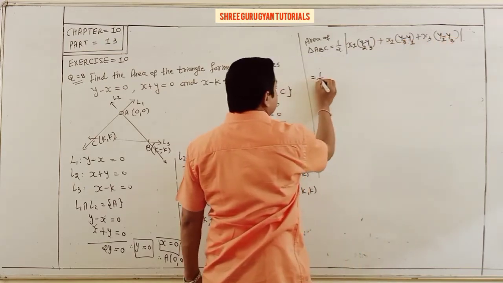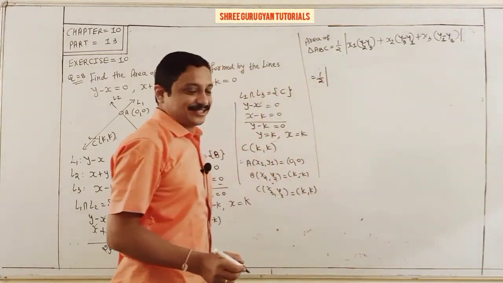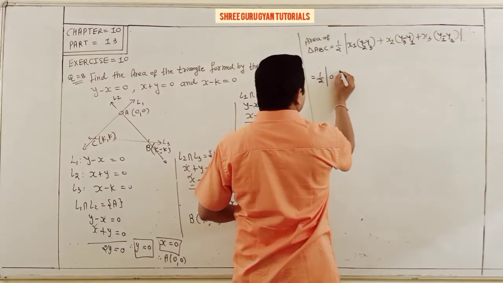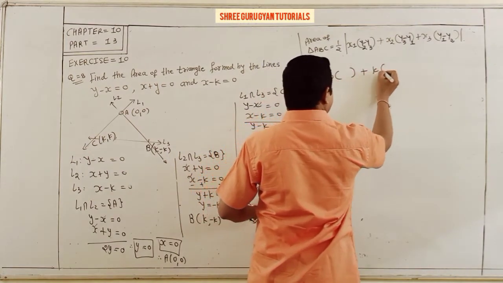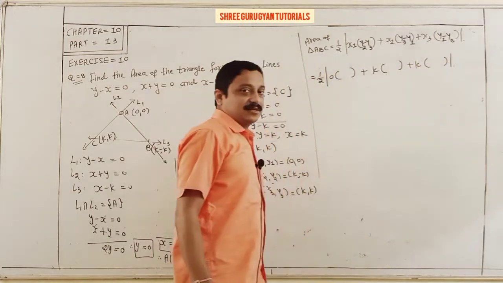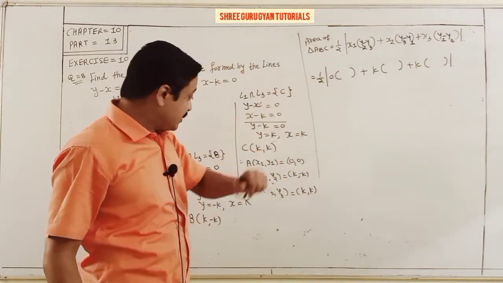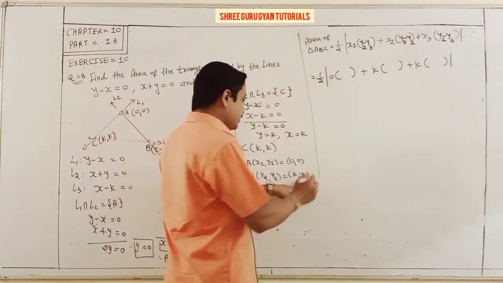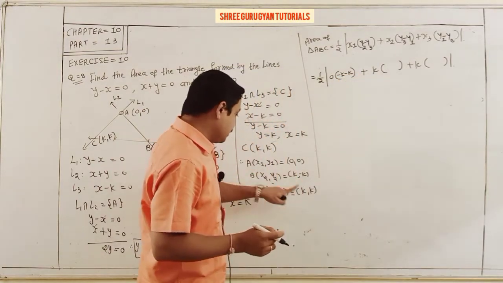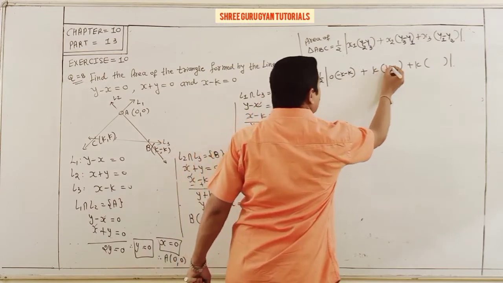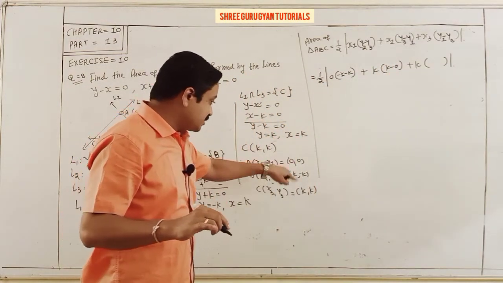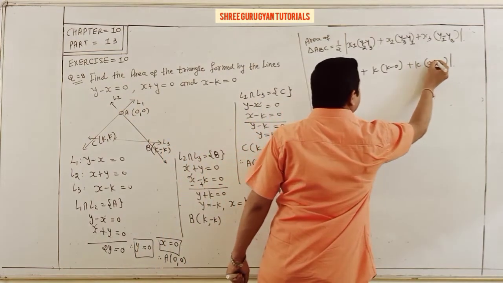So my values are x1, x2, x3: 0 plus k, and here also plus k, and internally put the values for y2 minus y3: minus k, y3 minus y1, which is k minus 0, and last y1 minus y2, 0 plus k.